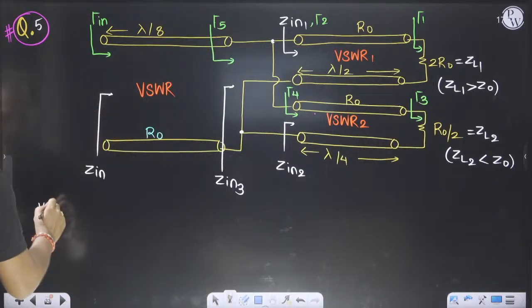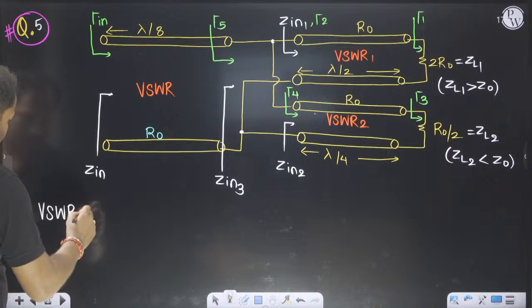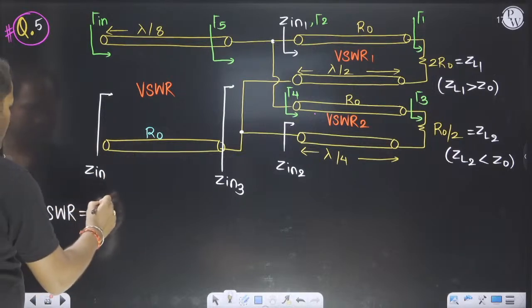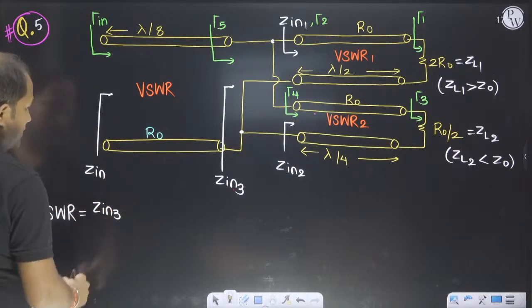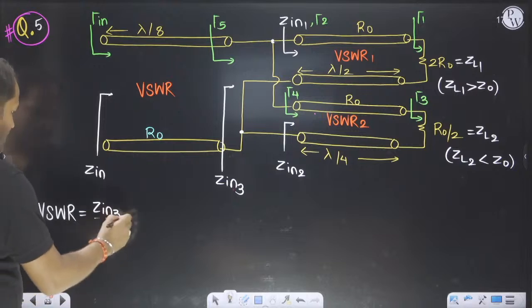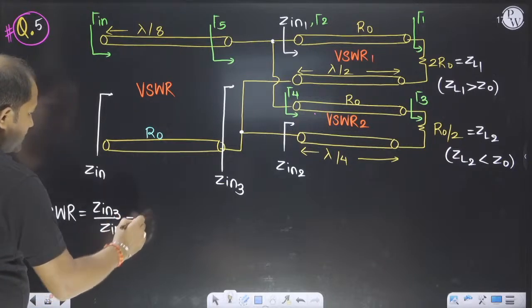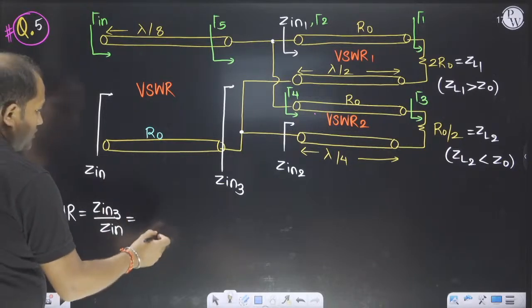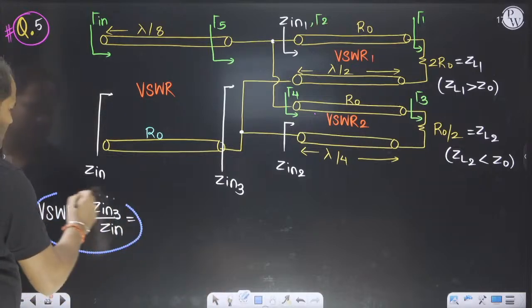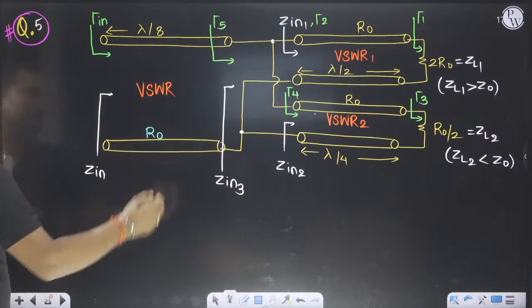So VSWR will be equal to Z in 3 upon Z0, which is R0. For impedance matching, VSWR is equal to 1.